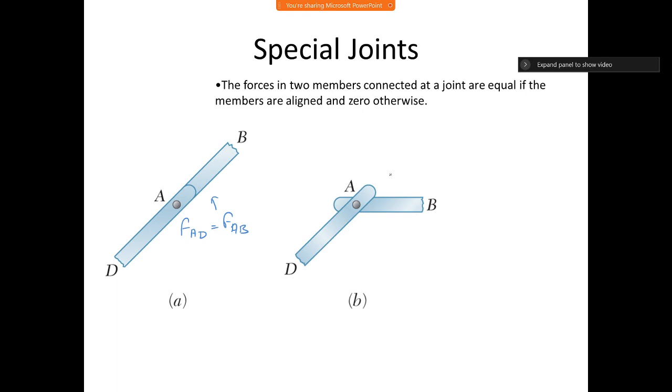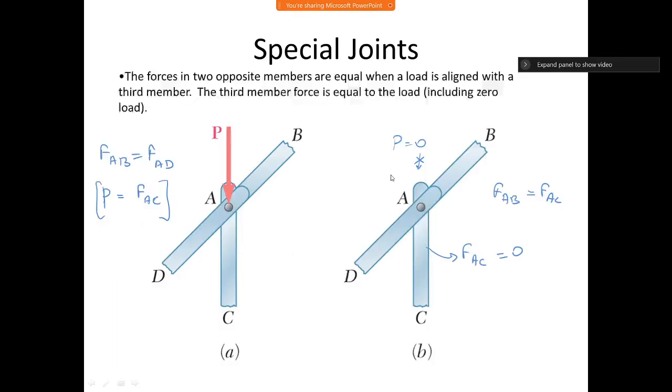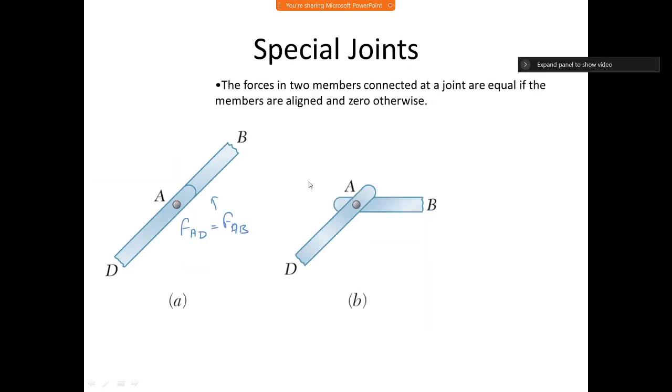And suppose in the previous case, I remove one of the links, let's say AD, and I have members such as this intersecting at an angle. Then the force in both members should be 0 for this system to be in equilibrium.